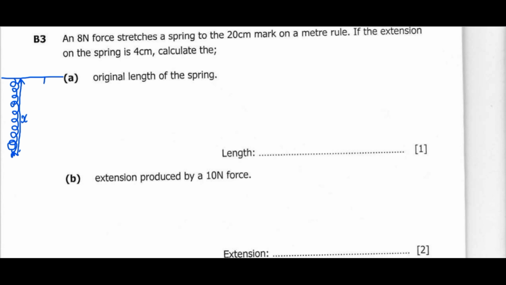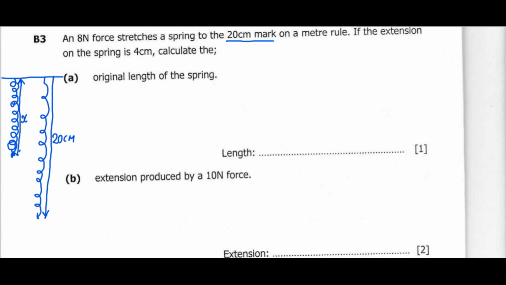Then after the 8 Newton force was on, we had the total length, according to the question, at the 20 centimeters mark. So 20 centimeters is the total. In this 20 centimeters, we have the original length.